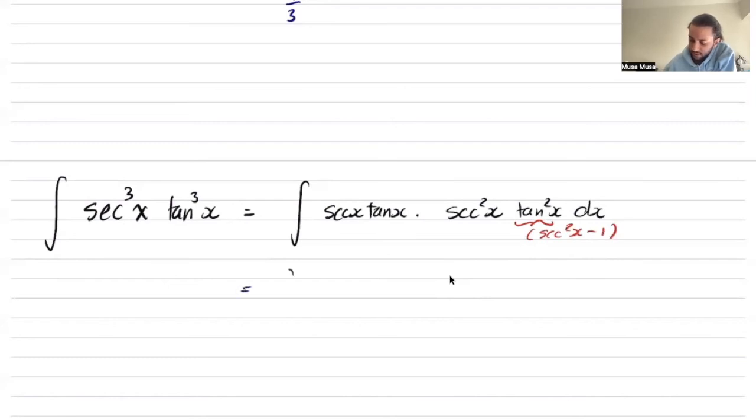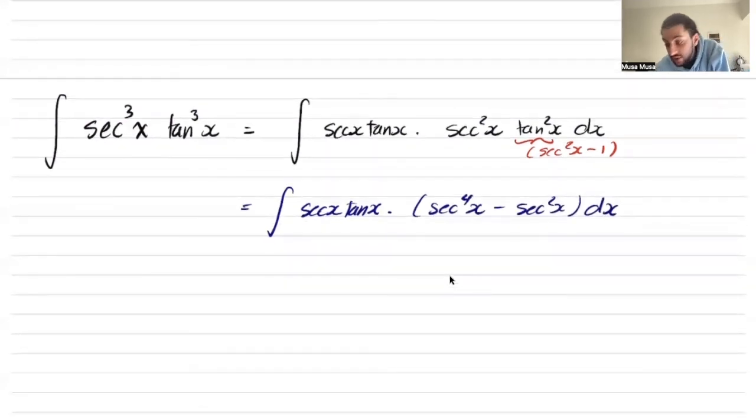Perfect. So my integral becomes sec to the power of 4 x minus sec squared x dx. Now let u equal, oh sorry, just the sec.